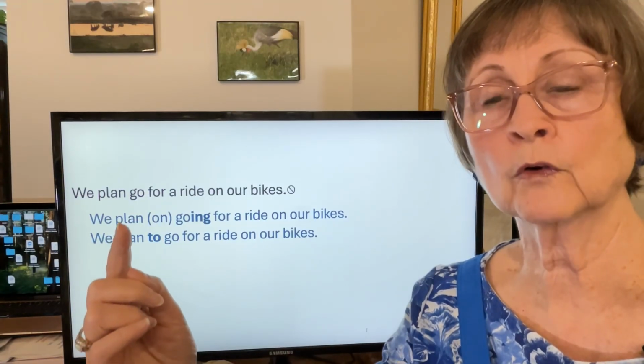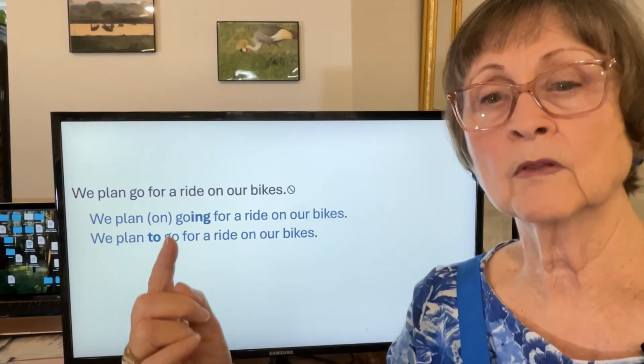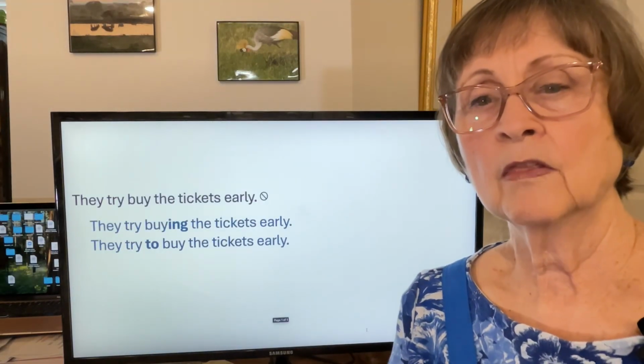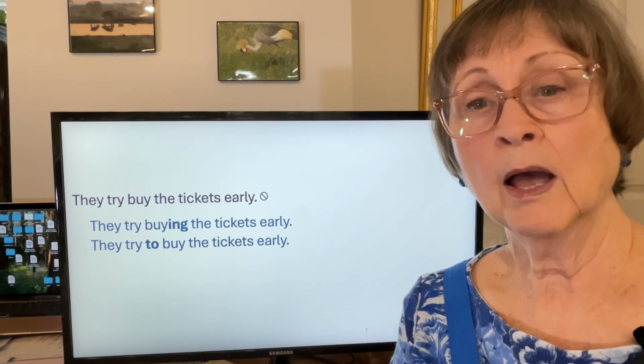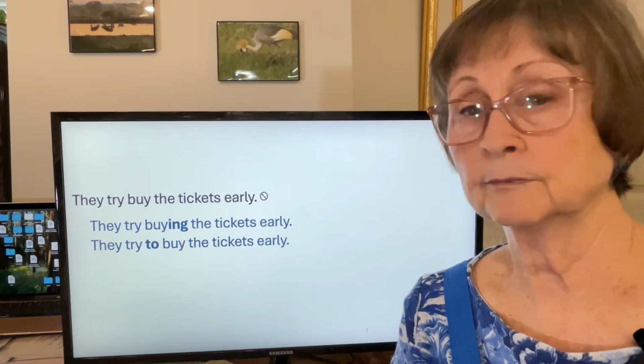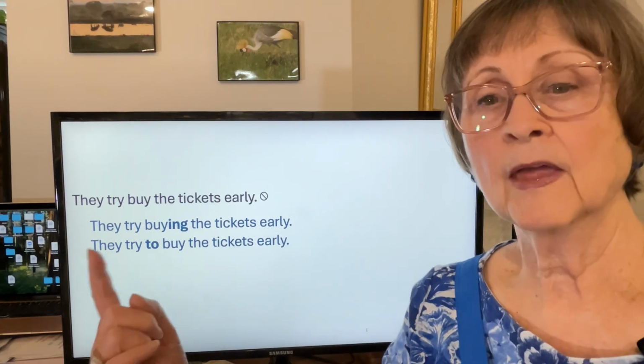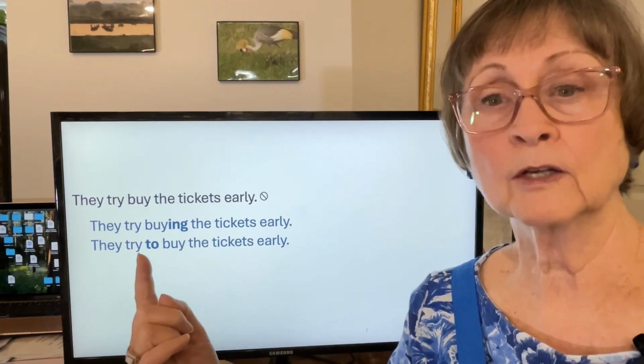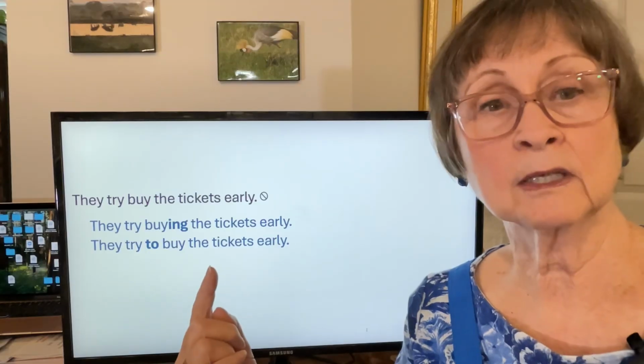Only the first verb is the main verb. The others become objects. They try buy the tickets early. They try buying the tickets early, or they try to buy the tickets early.